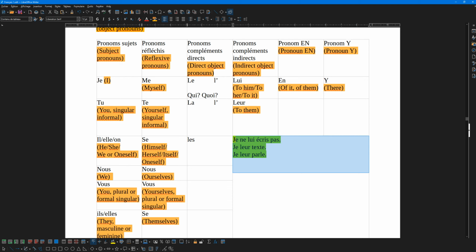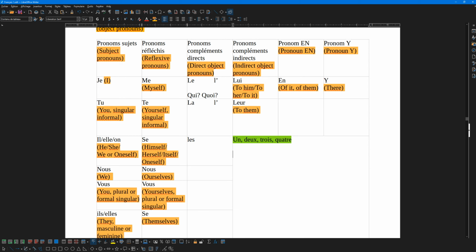Let's continue with the pronom en. The pronom en will replace a quantity, a quantity that can be very well known, like un, one, deux, two, trois, three, quatre, four.